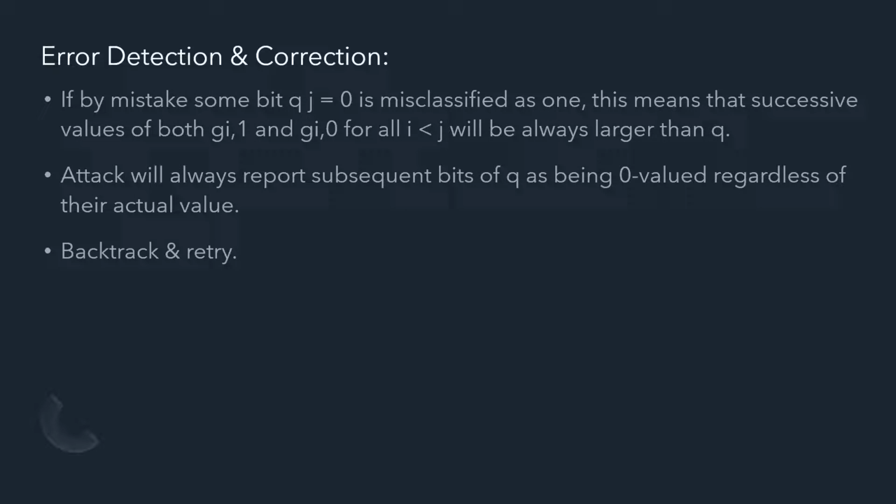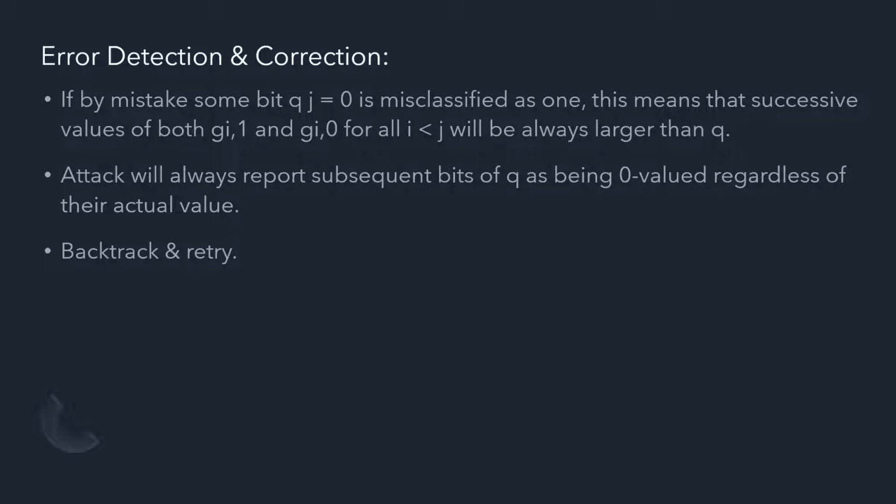Error detection and correction. If by mistake some bit qj equal to 0 is misclassified as 1, this means that the successive values of both gi1 and gi0 for all i less than j will always be larger than q. After reduction modulo q, C will always consist of (64 minus j) by 32 random looking bit limbs.